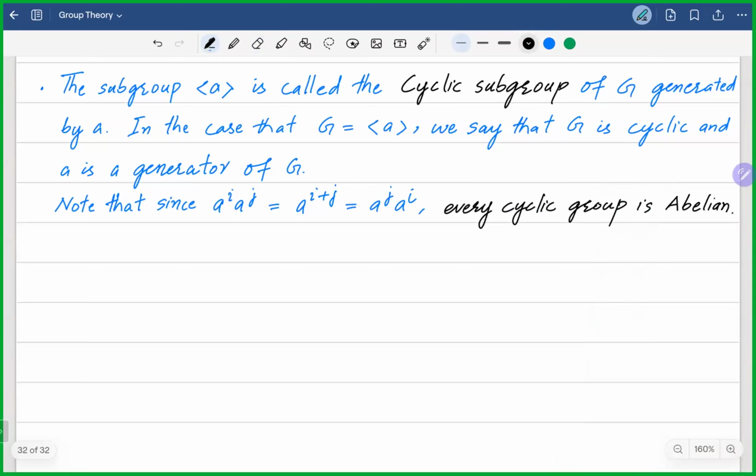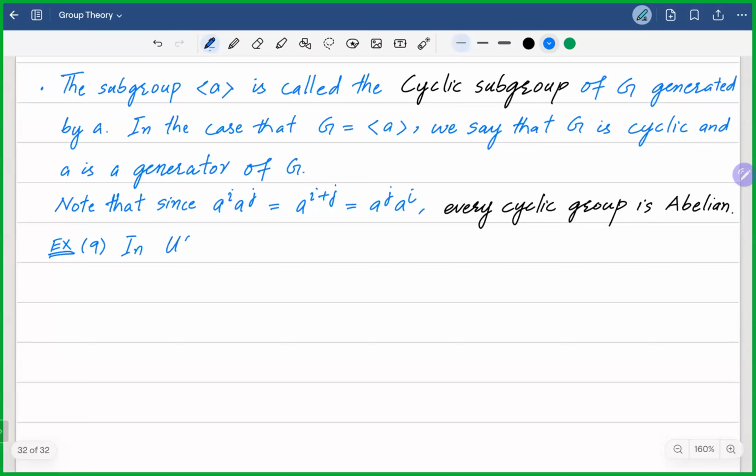Okay, now let's give an example, example 9.